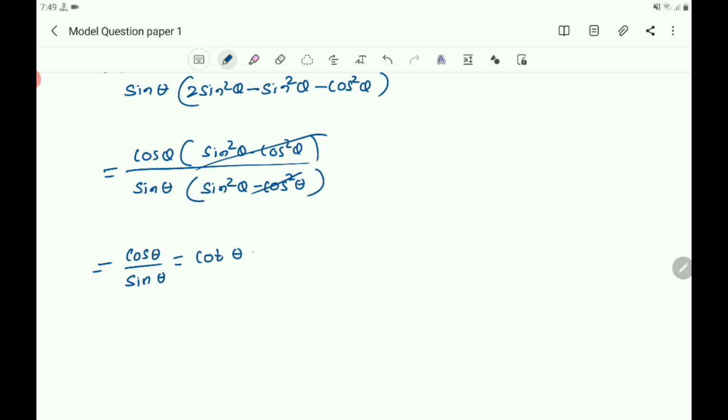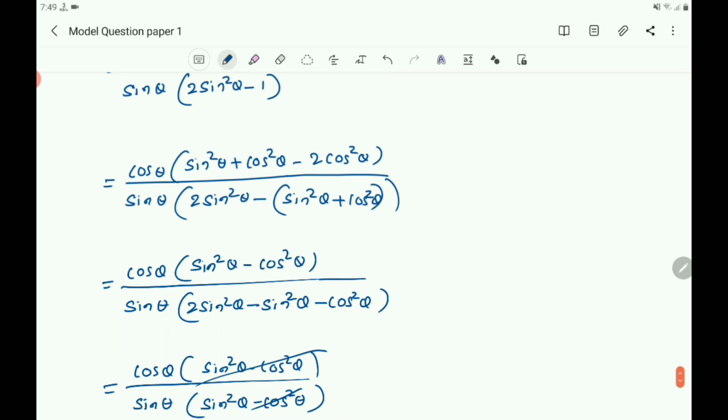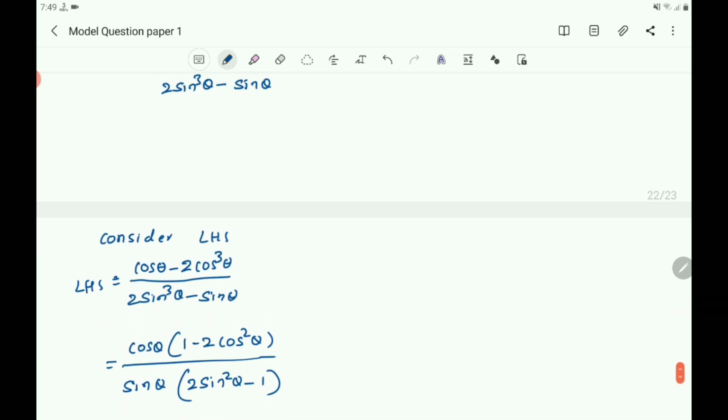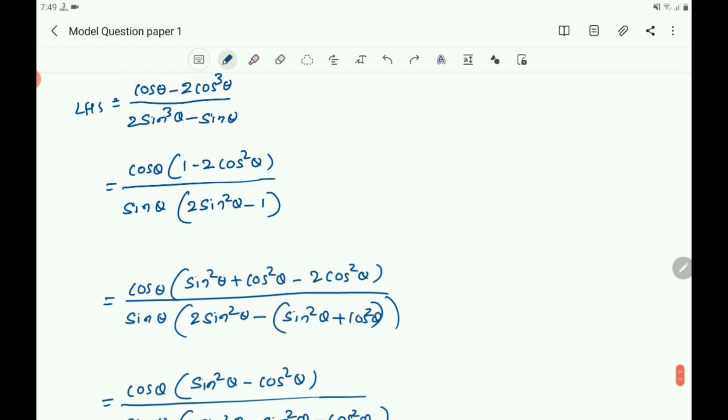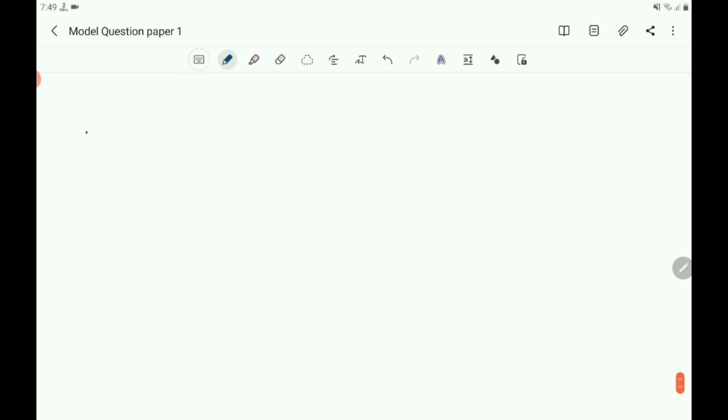You got that, equals RHS. Therefore here you proved that cos theta minus 2 cos cube theta by 2 sin cube theta minus sin theta equals cot theta. Therefore we write that cos theta minus 2 cos cube theta, that divided by 2 sin cube theta minus sin theta equals cot theta.